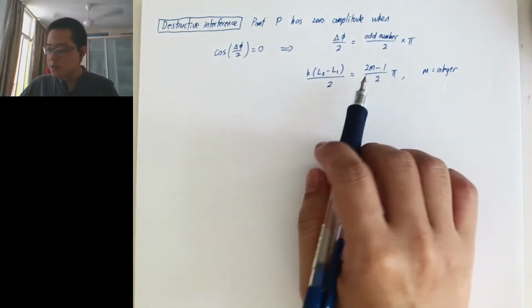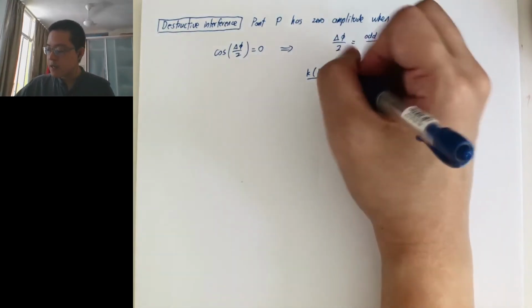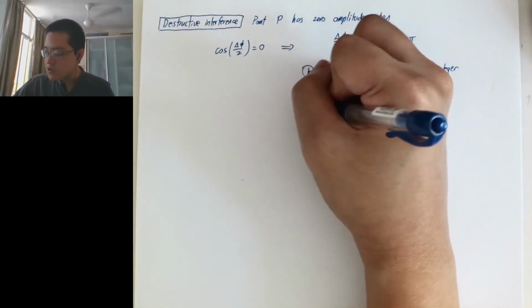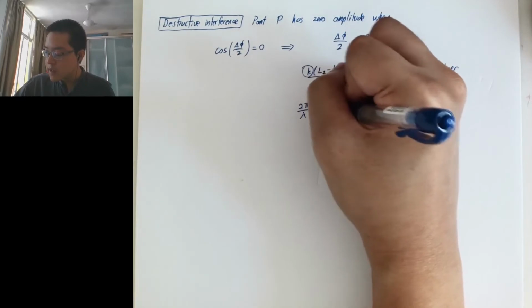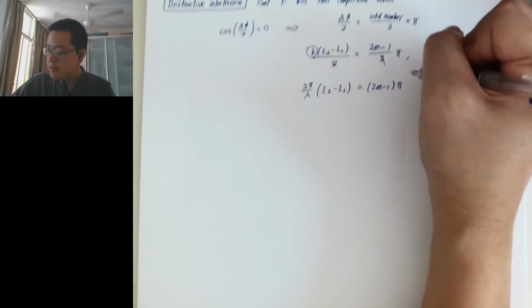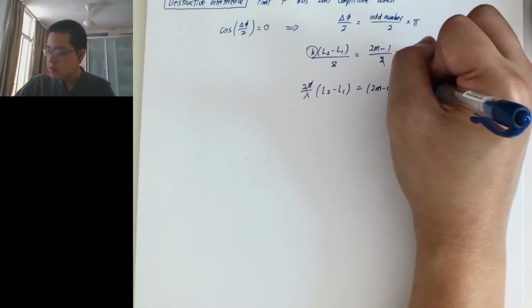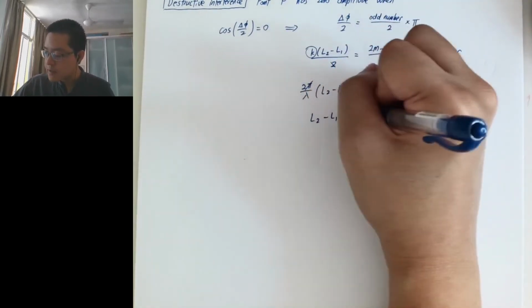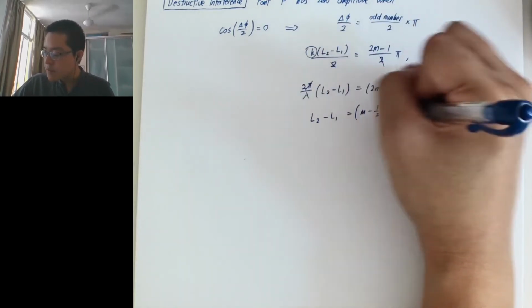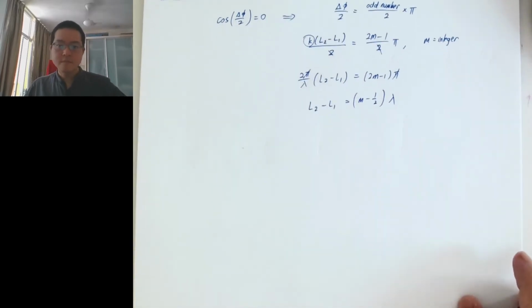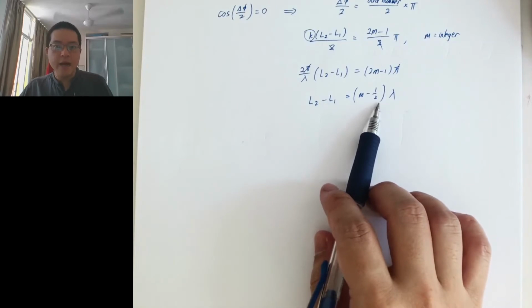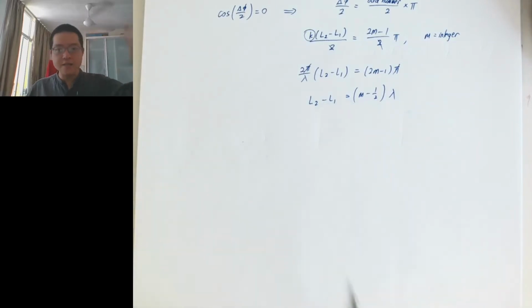So the integer can be 0, plus 1, negative 1, plus 2, negative 2, any of those numbers. Then I realize I can cancel the 2, and k is, remember, 2 pi over lambda, so I can also cancel the pi, and L2 minus L1 is equal to m minus half, times lambda. The m is an integer, and if I minus half, I get another integer divided by 2.